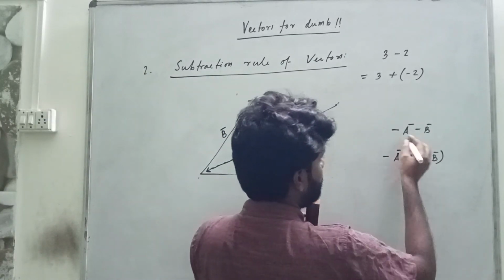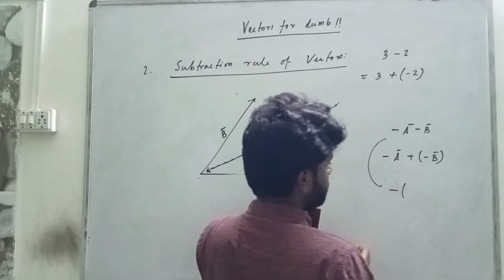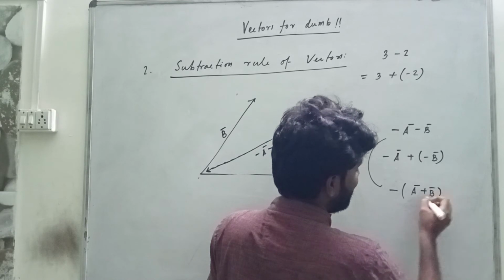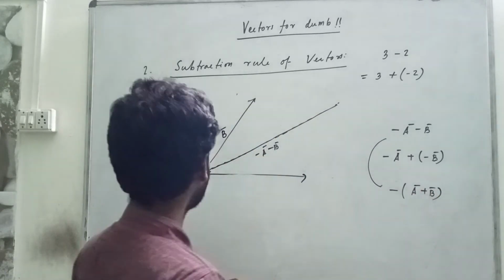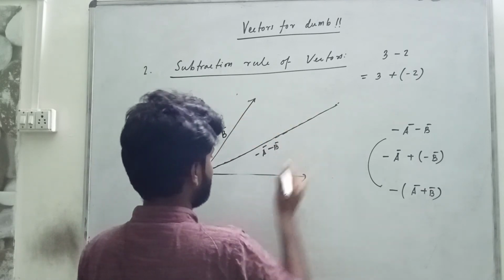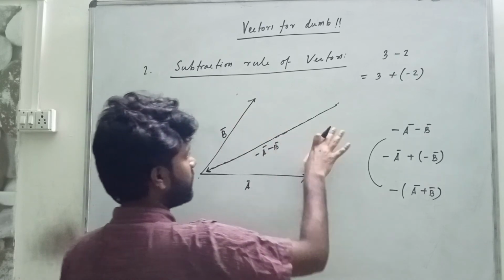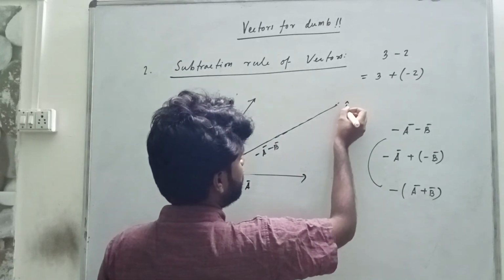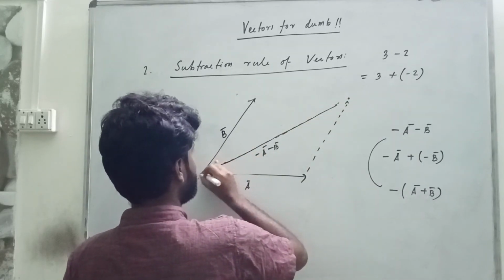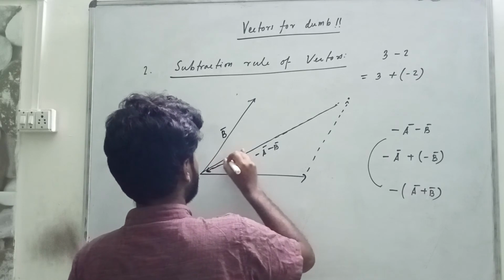Minus a minus b means, if you take the common minus sign, a minus of a plus b, right? So a plus b means just transfer the b from here to there, which is the a. Just transfer b from here to there, put a dot here, and connect this point to this point by a straight line.